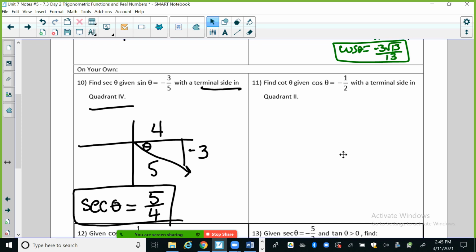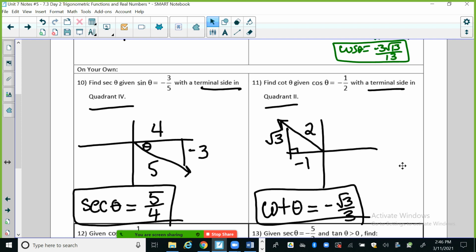All right, and then number 11, we're given that the terminal side of the angle is in quadrant 2, and we're given that the cosine of theta is negative 1/2. So the cotangent of theta is negative square root 3 over 3. This is a 30, 60, 90 right triangle. It's also one of the ones that we're familiar with from Tuesday.